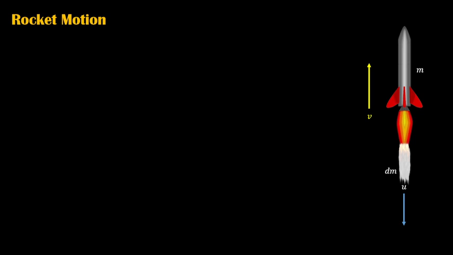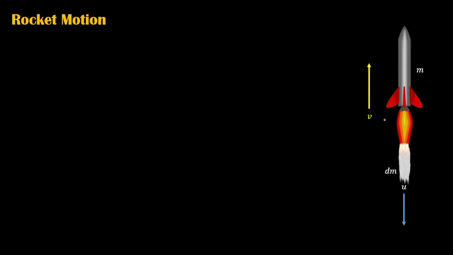The rocket consists of a long tubular body which is tapering at the top, and at the bottom it carries fuel. When the fuel is ignited, hot gases are formed inside the tank. Those hot gases produce a very high pressure, and the high pressure hot gases escape rapidly through a small hole present at the bottom of the rocket.